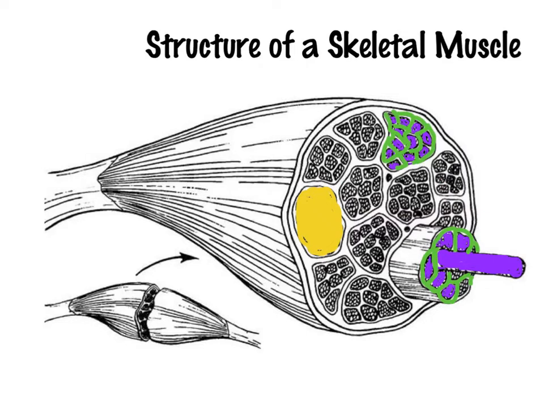The next thing is something called the perimysium. Again, another connective tissue layer, and it is going to surround your fascicles. You need a blue for this one. Remember this yellow thing, these fascicles.